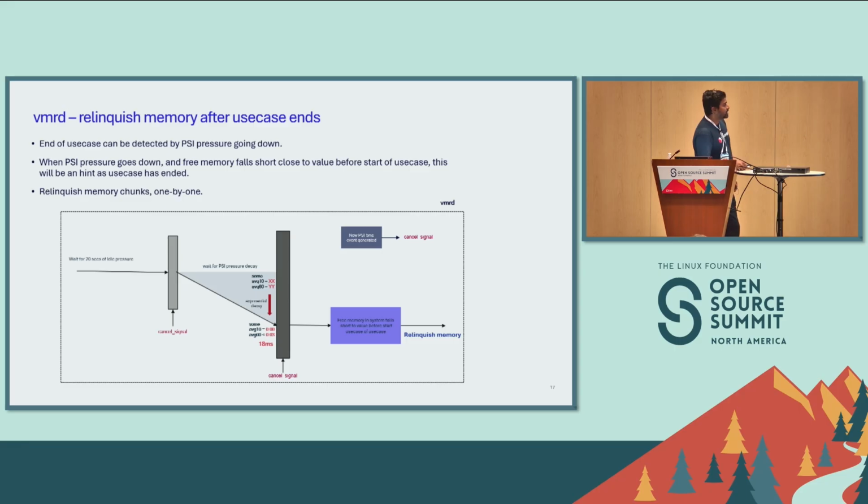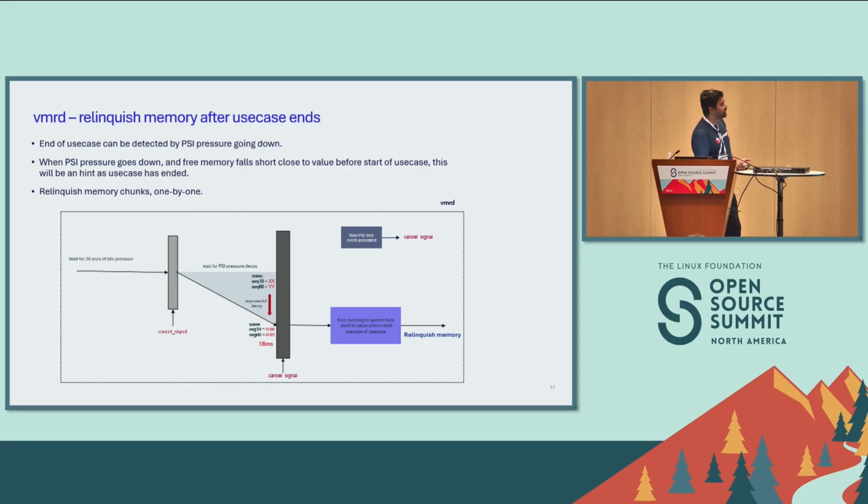And we have a check that says, are the averages below a certain threshold that we want? For example, these values. If the pressure has come down and decayed until this value, and there's no new pressure until this time, then we can take an educated guess that there's no memory-intensive task running. So now let's see how much free memory there is, what the memory stat is in the system.